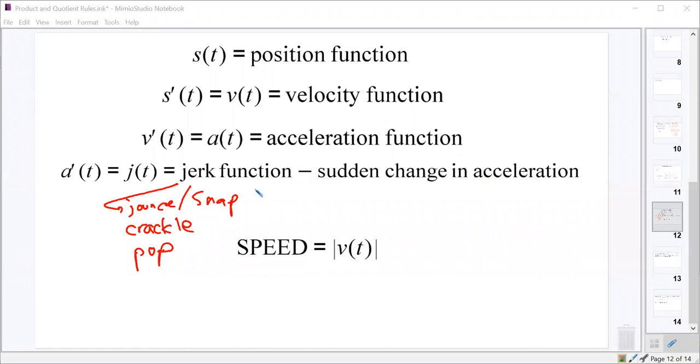And suppose as I'm doing that, I hit a pothole, which causes a change in how my acceleration is changing. Well, that would be my snap. And suppose within that pothole, I run over a dead squirrel. Running over that dead squirrel is going to cause a slight change in that snap, which will be a crackle.